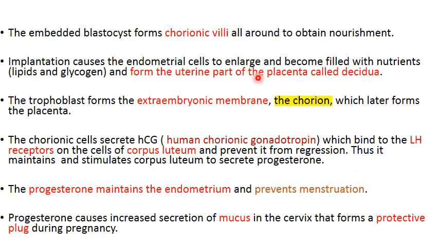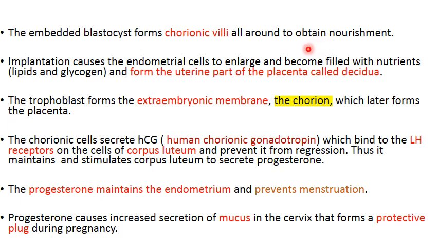So if you get this question, how implantation occurs, till here you have to write it down. It's a 2 marks question. Then once it gets embedded, the blastocyst will form villi around it, which we refer to as the chorionic villi, and obtain nourishment from the uterine endometrium.